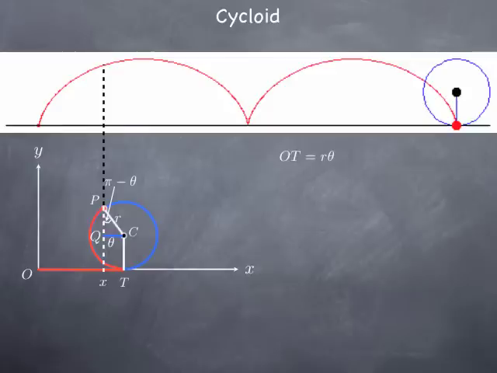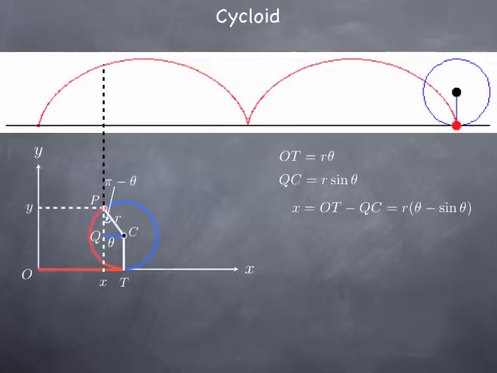The hypotenuse has length r, and therefore QC is r sine of pi minus theta, but of course sine of pi minus theta is the same as sine theta. So we get that QC is r sine theta, and therefore x, which is the difference, is r theta minus r sine theta, and we can factor out r.